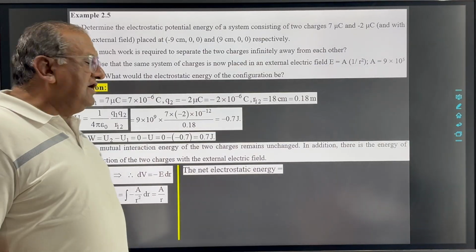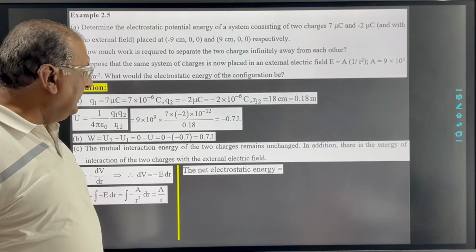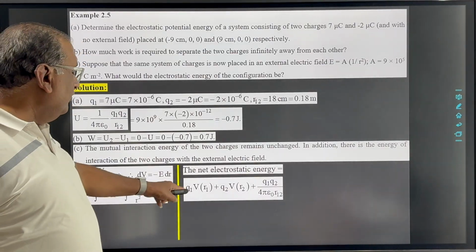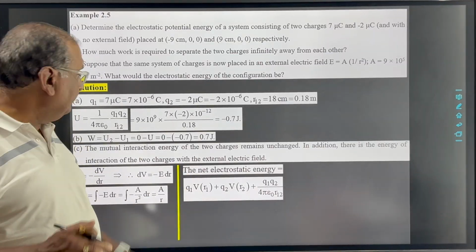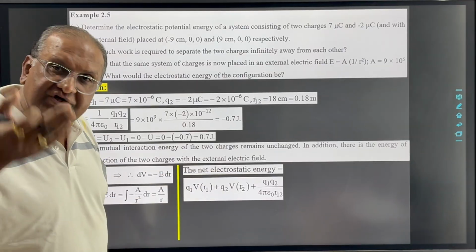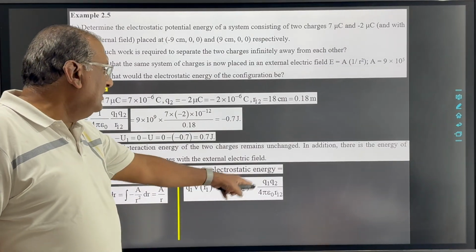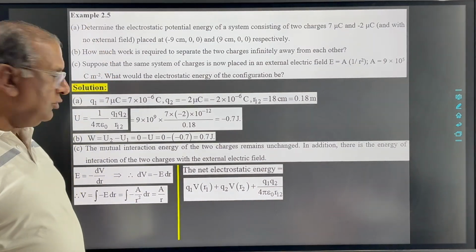Now the net electrostatic energy of the configuration in the external field is Q1 into V at position R1 plus Q2 into V at position R2 plus Q1 Q2 upon 4 pi epsilon 0 R12.